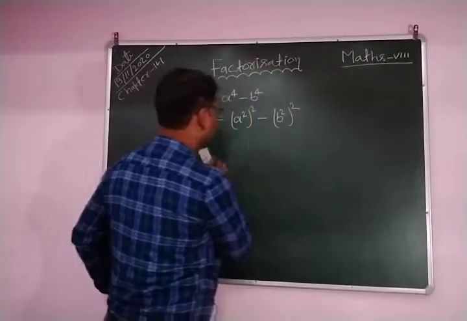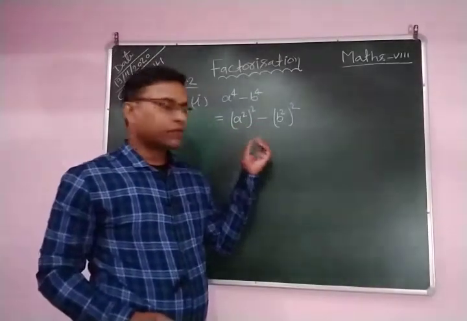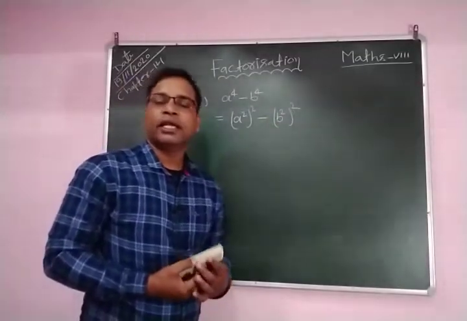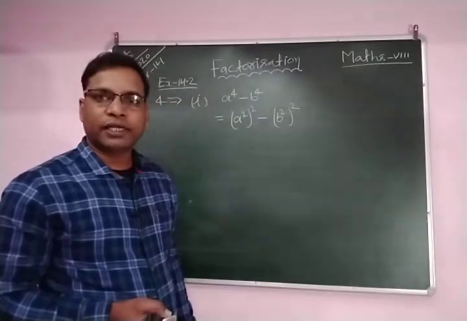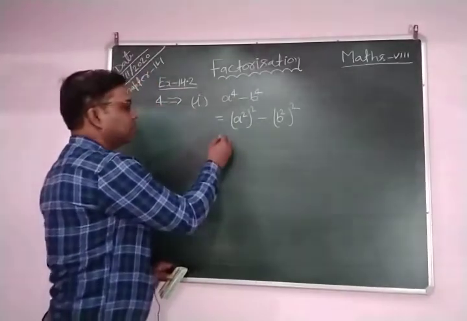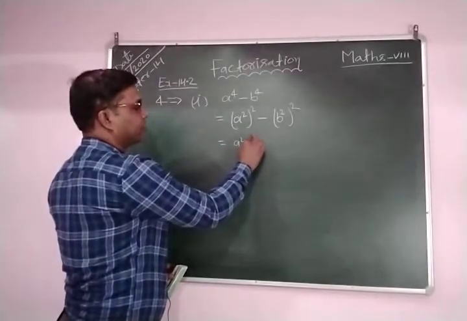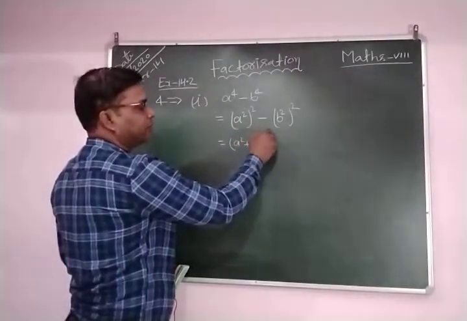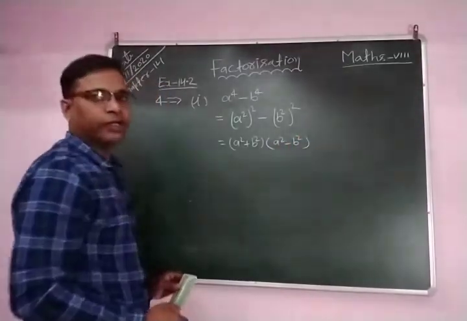Here you can see this is a difference of two squares, first square, second square. This is a difference of two squares, so according to the third identity we can write it as the sum of the numbers into the difference of the numbers. So the sum of the numbers is a square plus b square, first number, second number, into the difference of the numbers, a square minus b square.